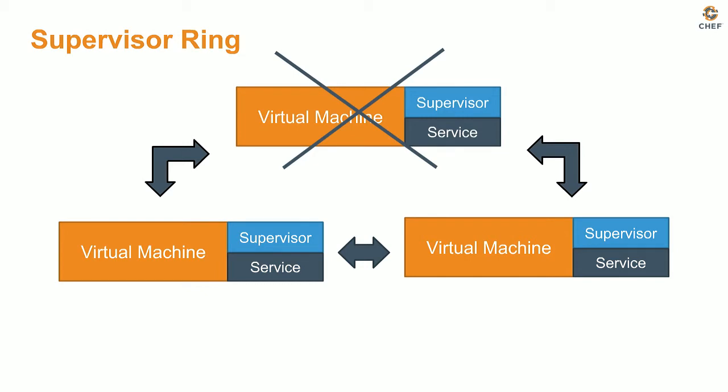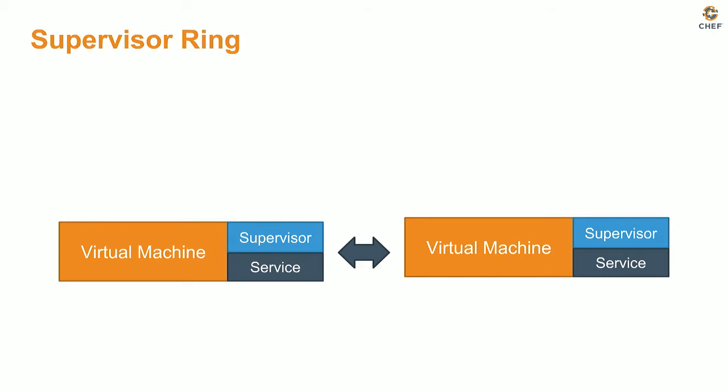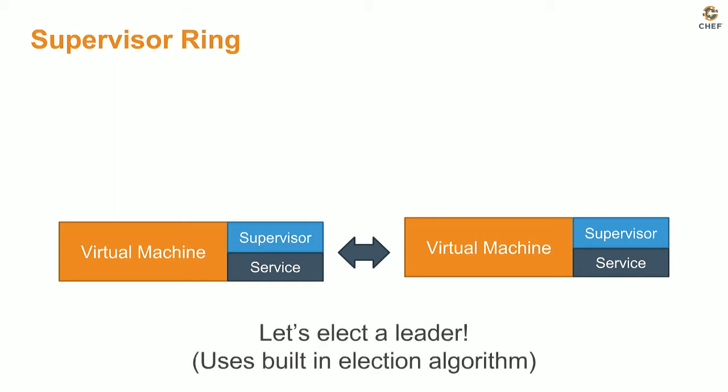Now, let's say something bad happens. It can be anything, but something happens and our leader goes offline. The other 2 are going to realize they cannot communicate with that supervisor. They cannot communicate with the leader, so they will automatically remove it from the ring. Now we have a dilemma. We now have 2 followers without a leader, and what we've done when we've set it up with a leader-follower topology is they've made a promise that they will always be in that topology.